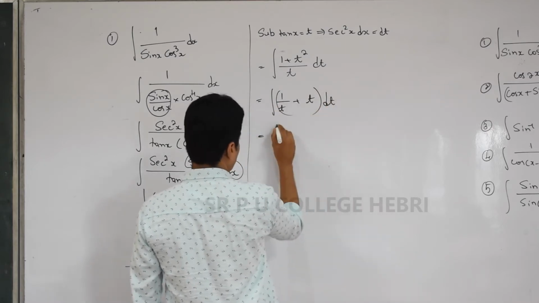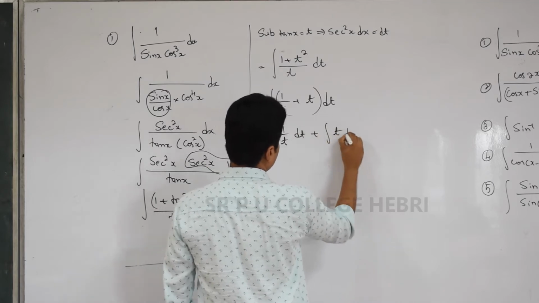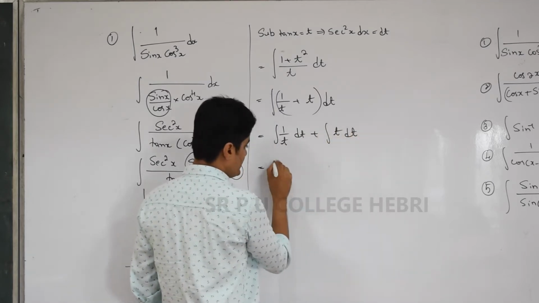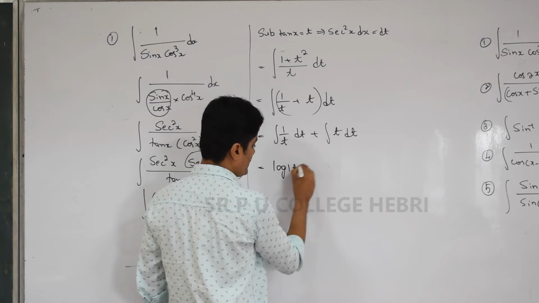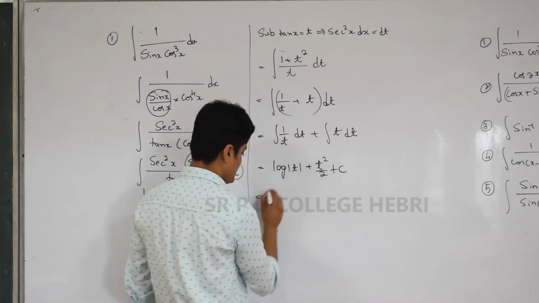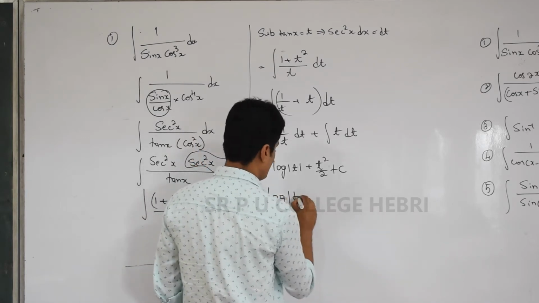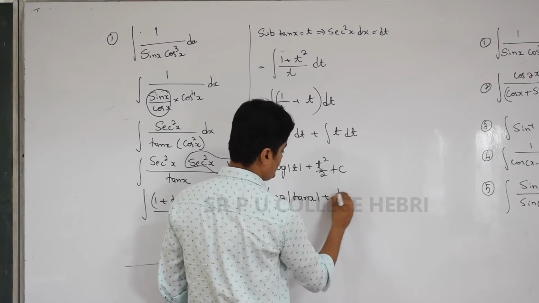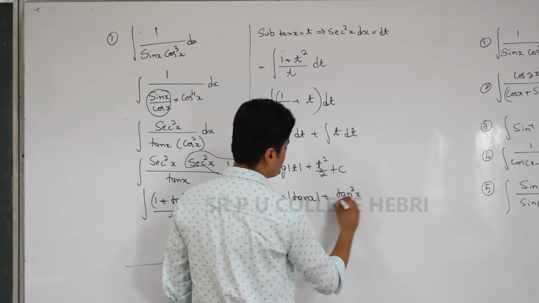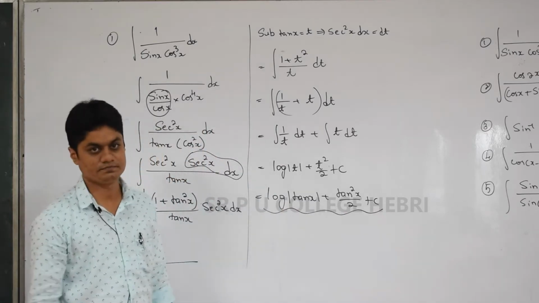So it is integration of 1 by t dt plus integration of t dt, which is log of mod t plus t square by 2 plus c. Then t is equal to tan x, so log of tan x plus tan square x by 2 plus c. This is the final answer.